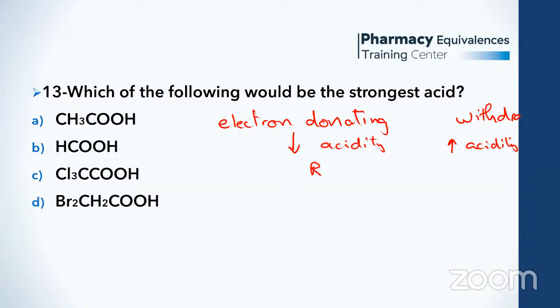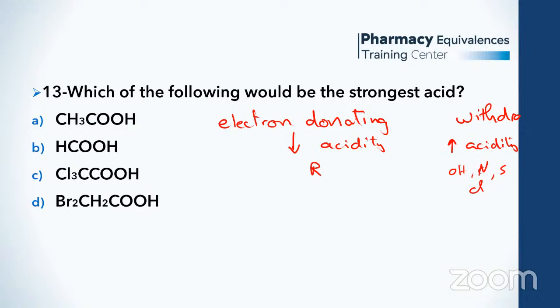While electron withdrawing groups are like what? Like OH, carboxylic group, nitrogen, sulfur, chloride, or halide atoms in general. All of them increase the acidity.